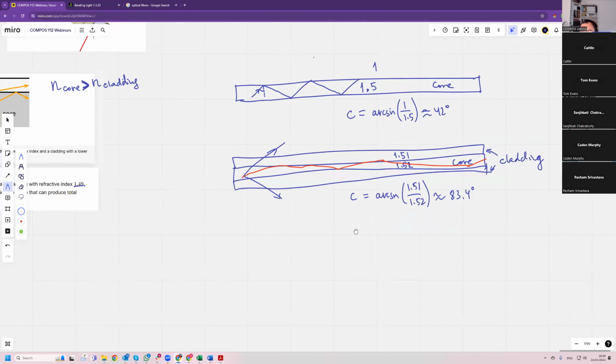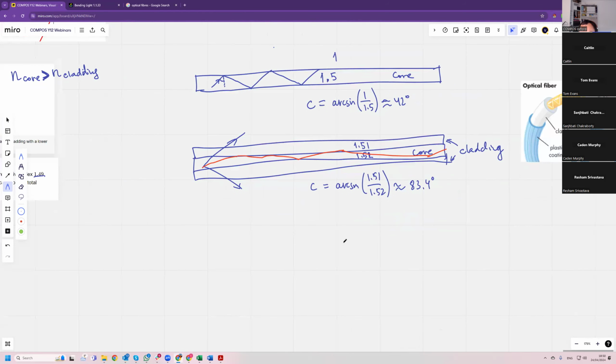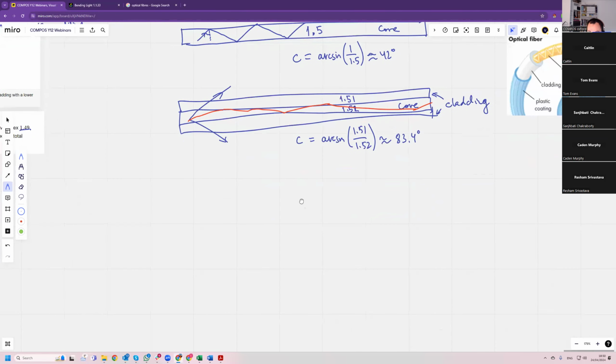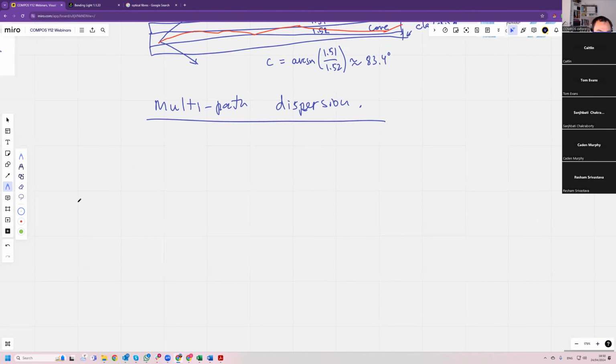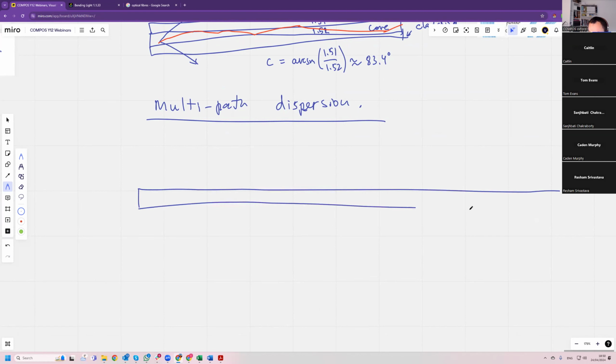Okay. So yeah, what happens is this is called multi-path dispersion. How it works: if you have an optical fiber, and an optical fiber is used to transmit signals.